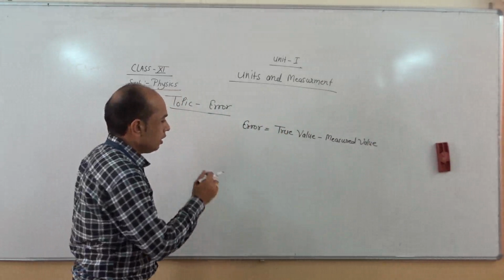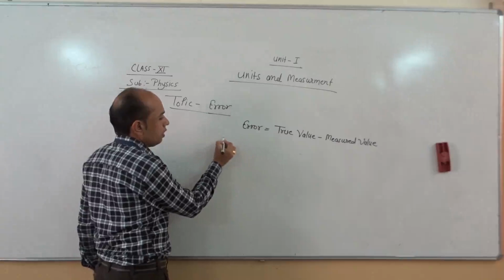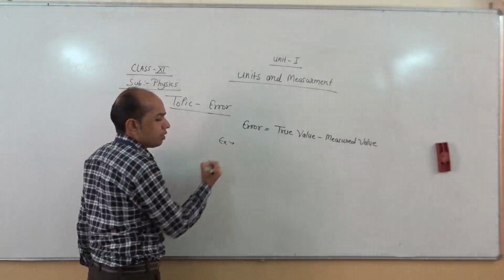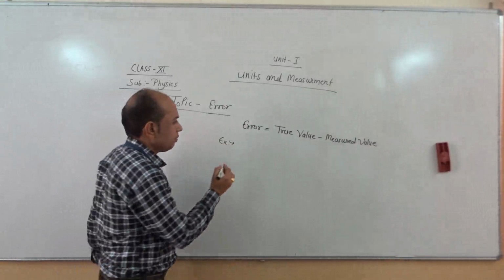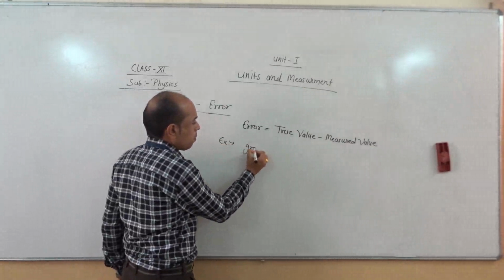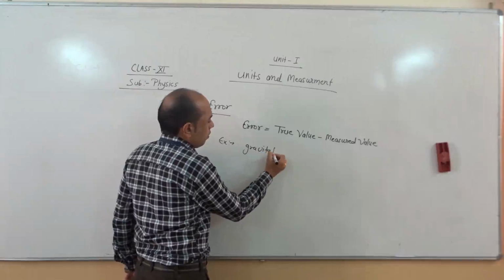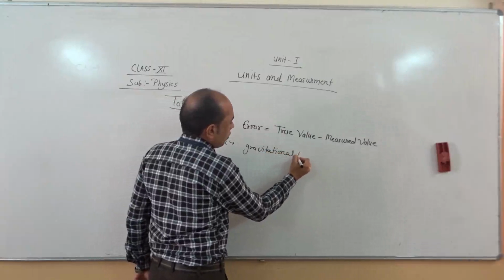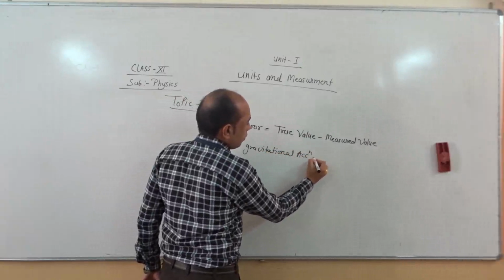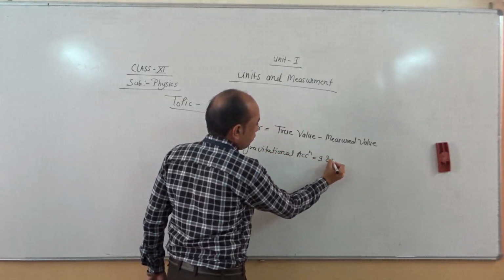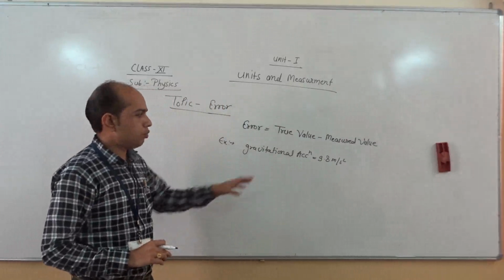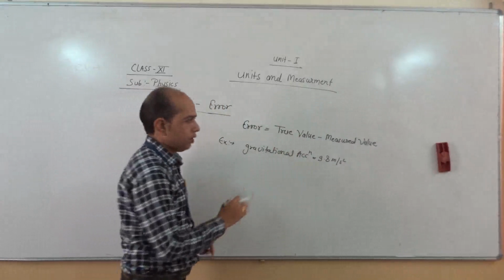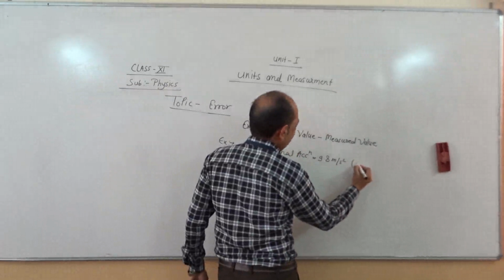That means, for example, if I am taking gravitational acceleration, so gravitational acceleration has the value 9.8 meter per second square. So this is called here the true value, that means actual and real.